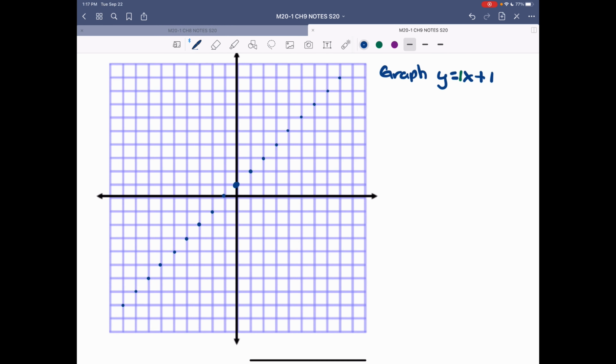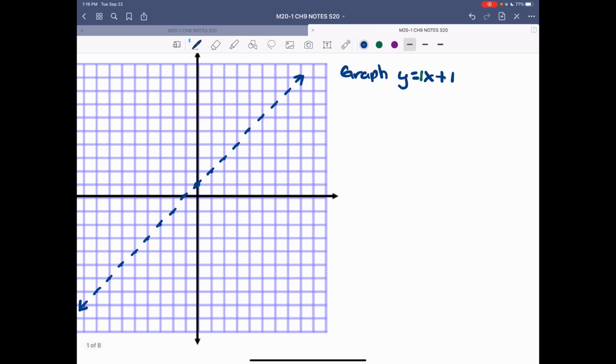Okay? So I could leave it as is. I'm just going to make my dots a little more significant, so turn them into dashes. There we go. So that is our line graphed.